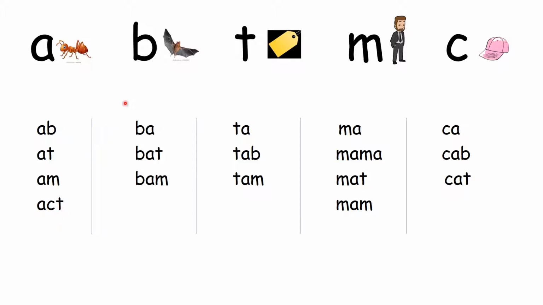Next, letter B sound as B. Let's read ba, bat, bam. It's your turn. Begin. Letter T, T. Let's read ta, tab, tam.